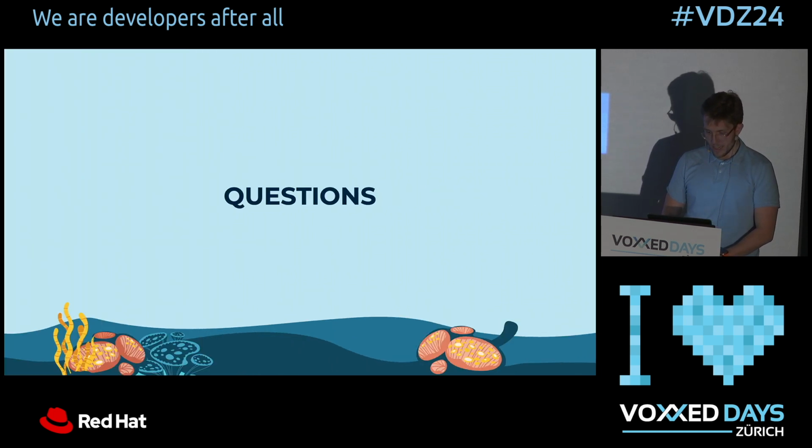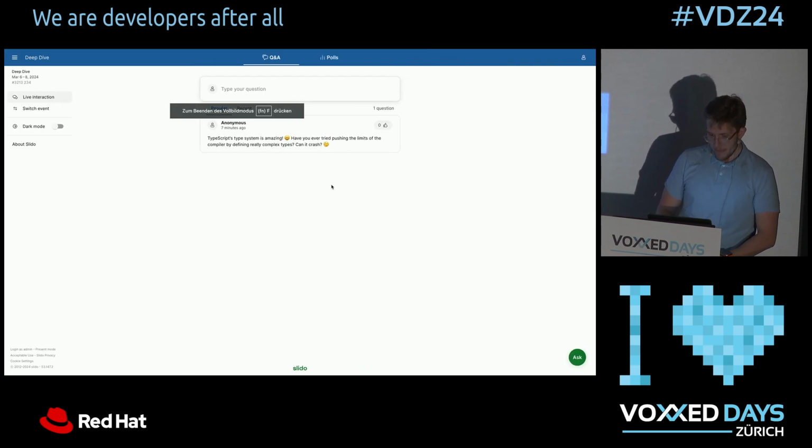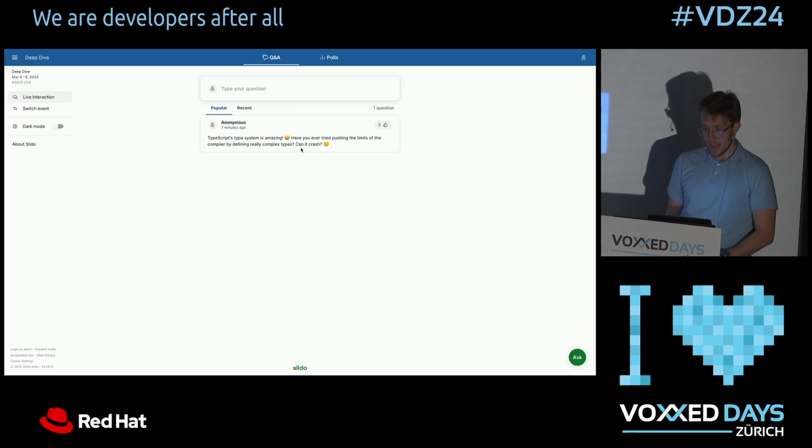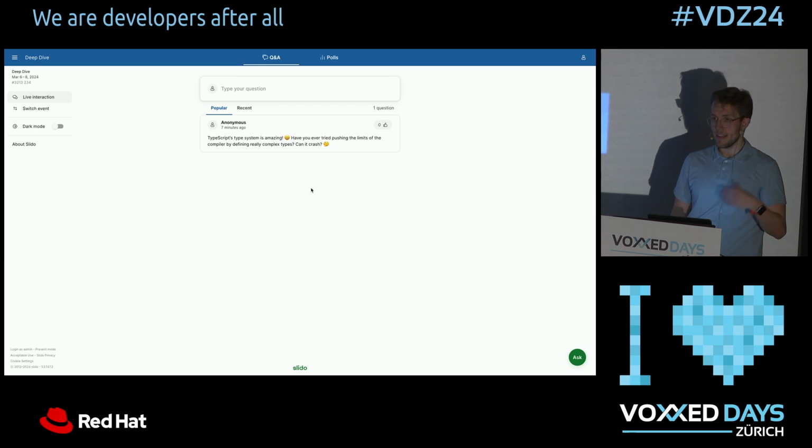So let's check the questions here. Type system is amazing. Have you ever tried pushing the limits, compiling really complex types? Can it crash? Yeah, it gets better basically every iteration, every new version is harder to crash. The recursion depth, I think prior to version 5, only allowed a depth of 40, and now it allows about 1,000.